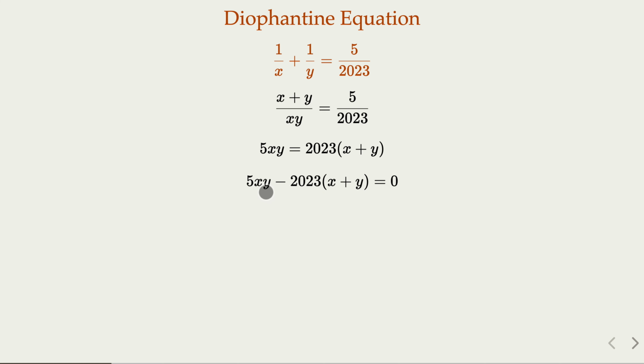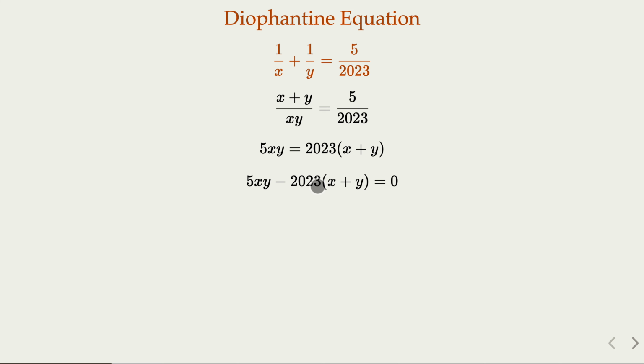Of course, it may not be easy to factor because here you have 5, you want to split it into 1 and 5, but here you only have 2023, x and y are equal. So when you do the cross product, you would have the same number here in 2023.